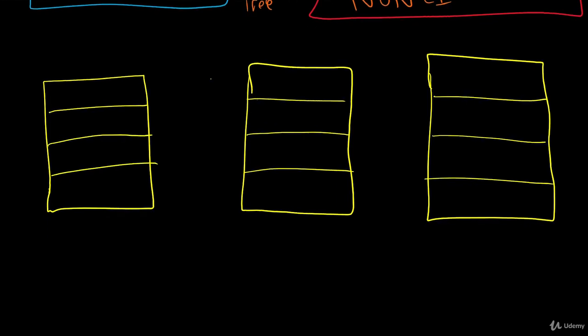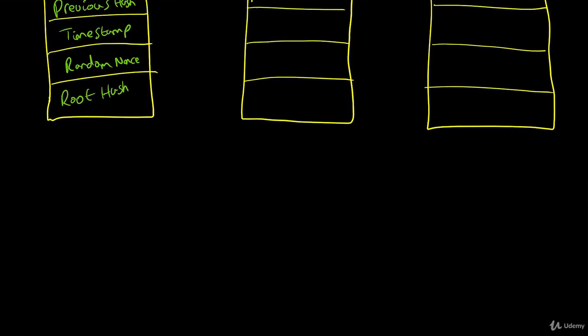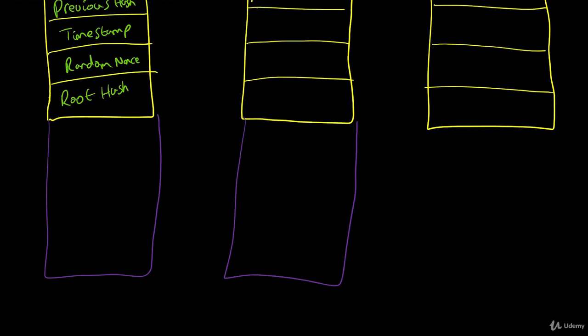And within these sections, the things we are concerned with are the previous hash, the timestamp, the random nonce, the root hash, and linked to this we have all of our transactions, and the transactions, I'm going to keep it simple and just put some squiggly lines.